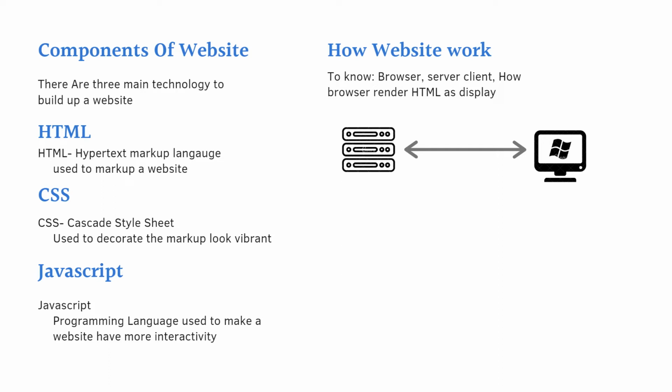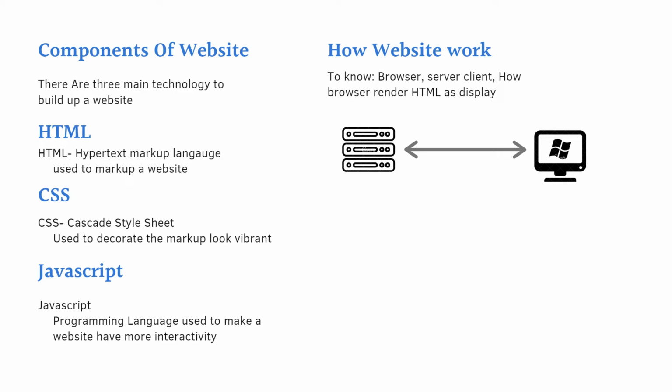A website is built from parts. I give an example of a human body. HTML is just the bone, like the bones of the hands, the legs, the neck and the head.